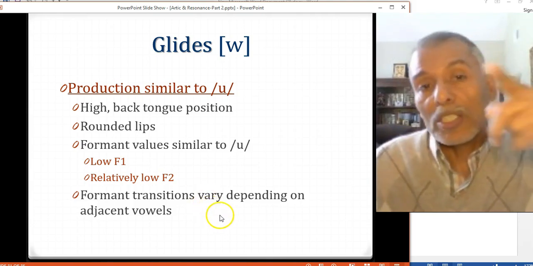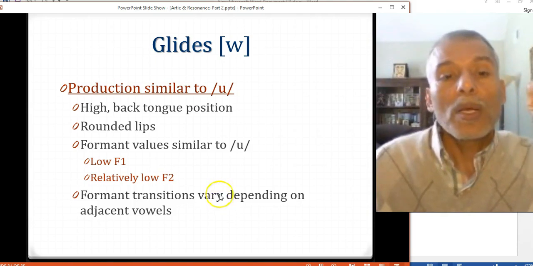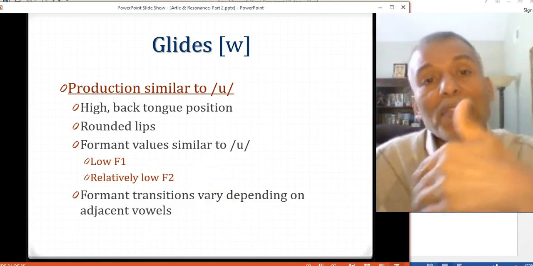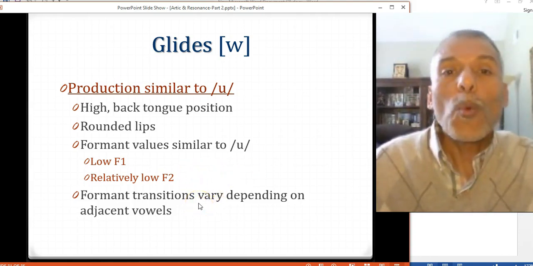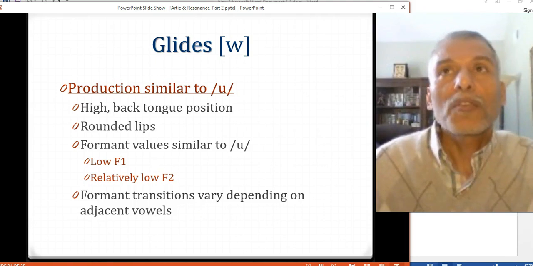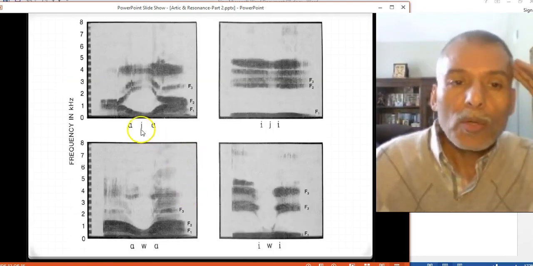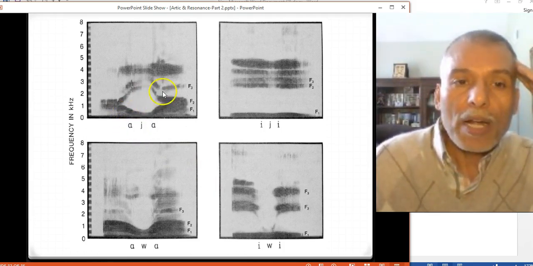And then the transition to the next part of the sound is going to depend on what sound is coming after this. Like when you say "when" is different than "what," or different than "why." So here, you can look at the environment, at the phonetic context.